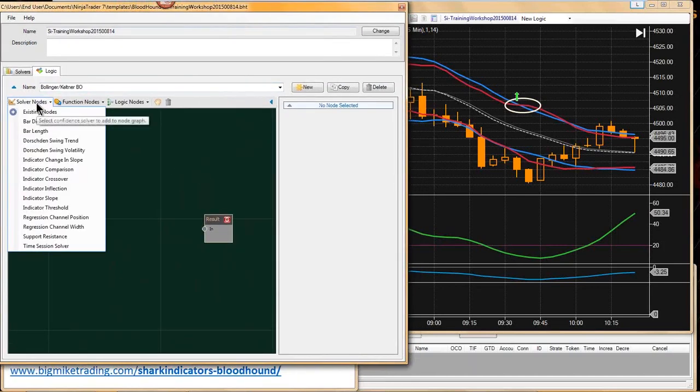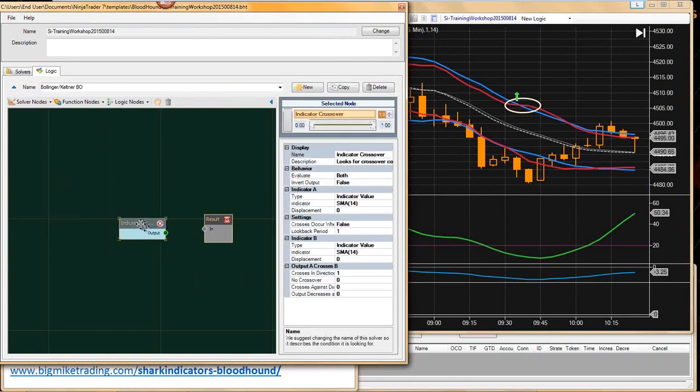All right, so I'm going to start off using a crossover. We're going to need a couple of crossovers here. Let's drop 2 crossovers down here.